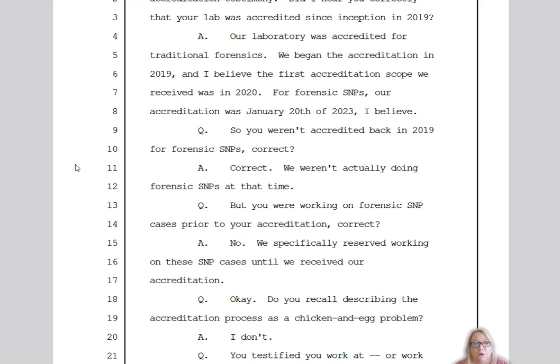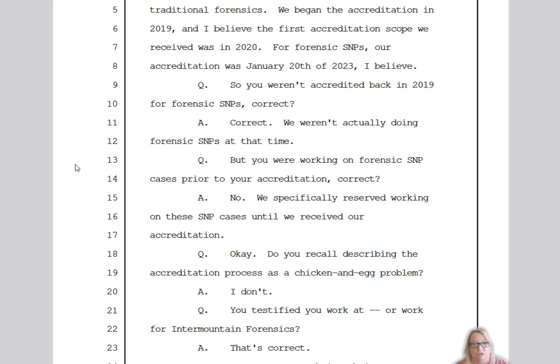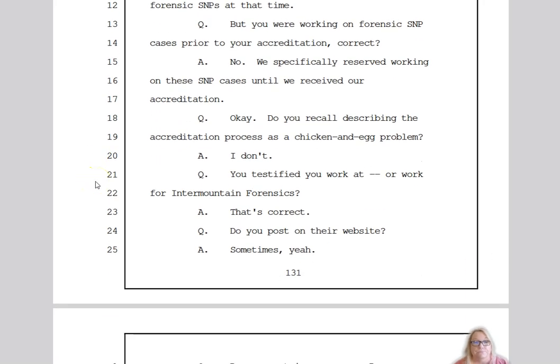He says, We began the accreditation in 2019, and I believe the first accreditation scope was in 2020. For forensic SNPs, our accreditation was January 20th of 2023. So he says you weren't accredited back in 2019 for forensic SNPs, correct? Correct. We weren't doing SNPs at the time.